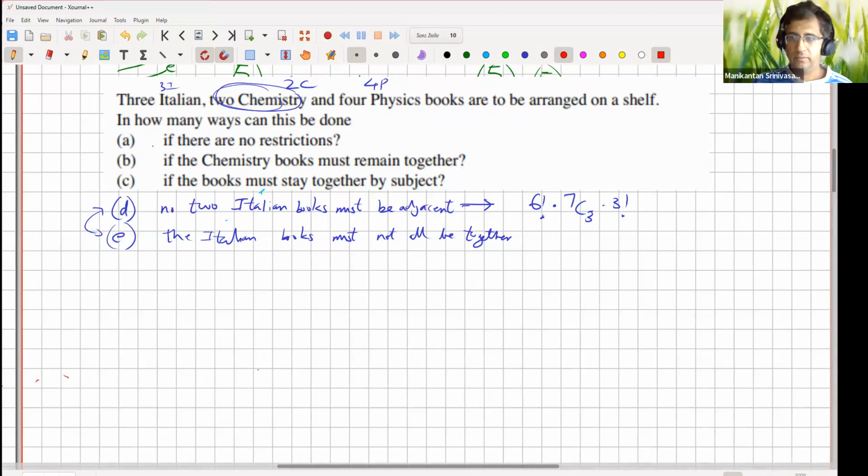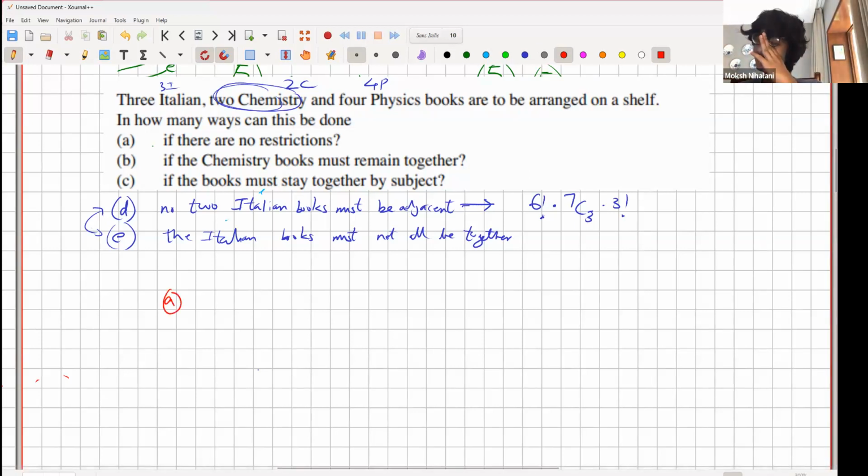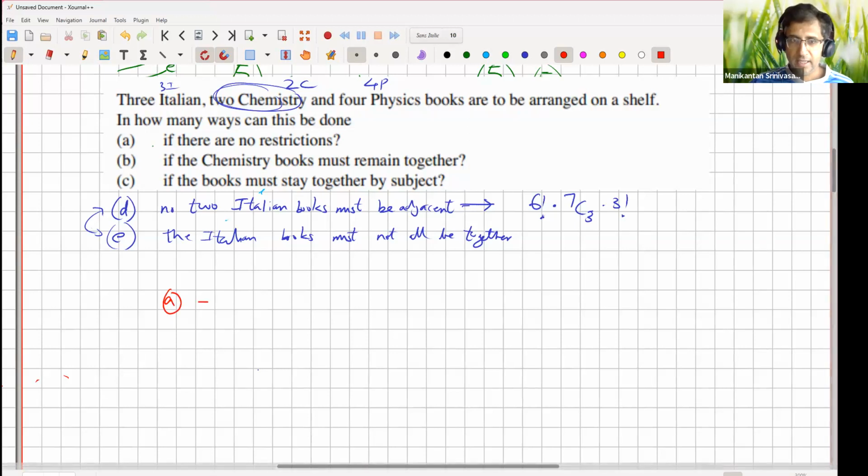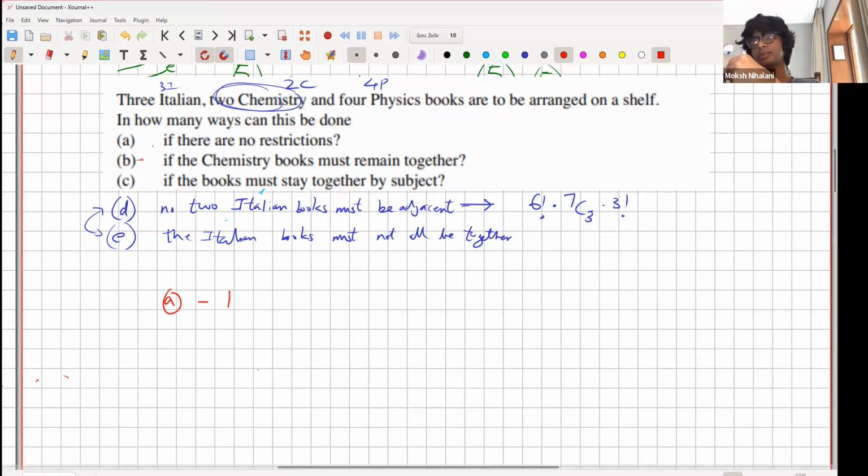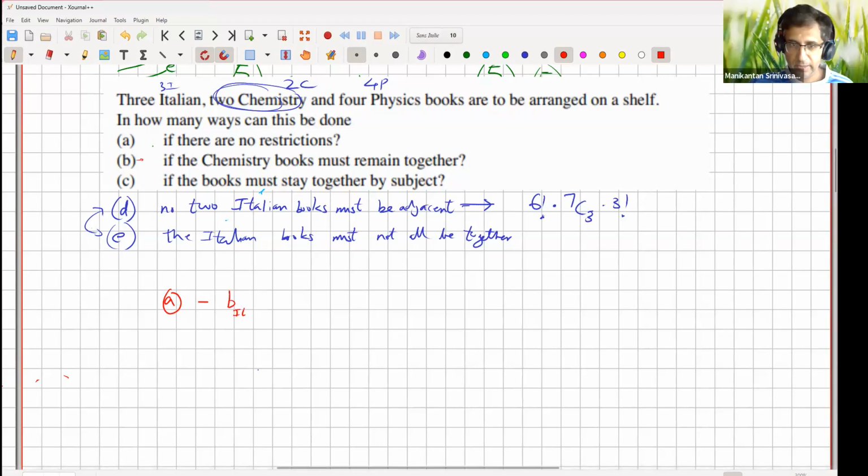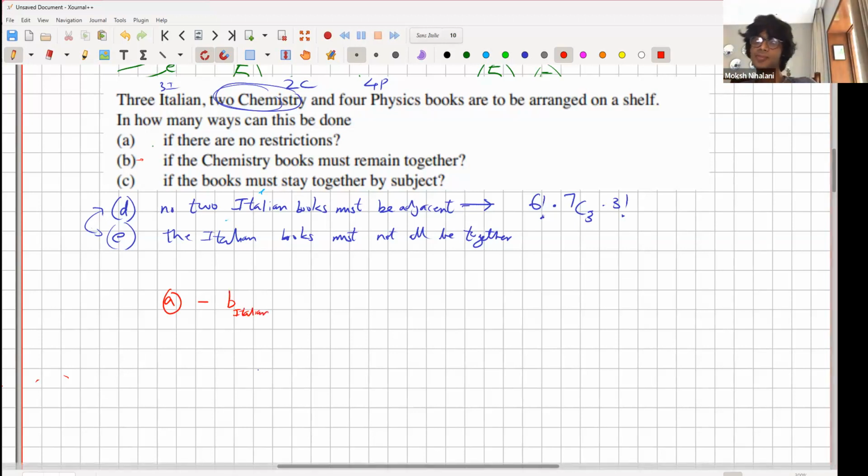Yes, that's what I was about to do. So this is an easy method. It's part A minus sort of like part B, but instead of chemistry, it's Italian. I'll just put B Italian, the case where all the Italian books must remain together.